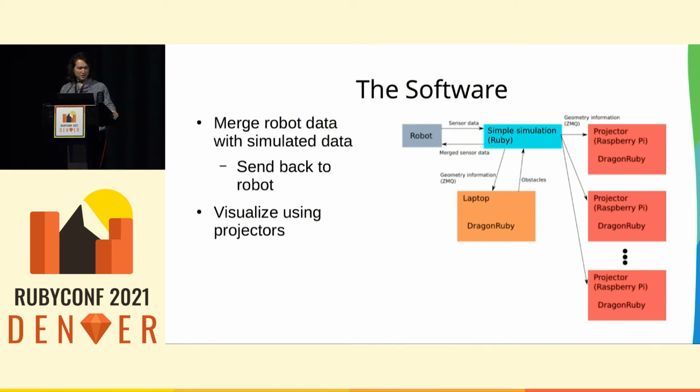And then from there, we actually use ZMQ to pass this data to DragonRuby, in part because DragonRuby doesn't natively have TCP support yet. So there's this nice C extension feature where you can write additional parts in C. So I added in some ZMQ support for that, and then we tied in all the components that way.